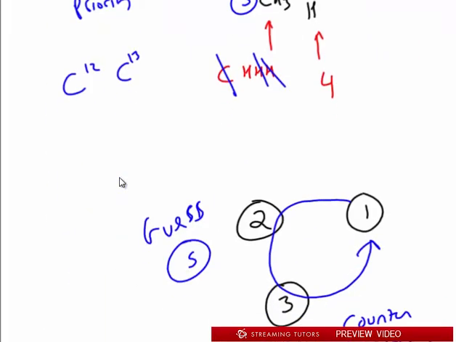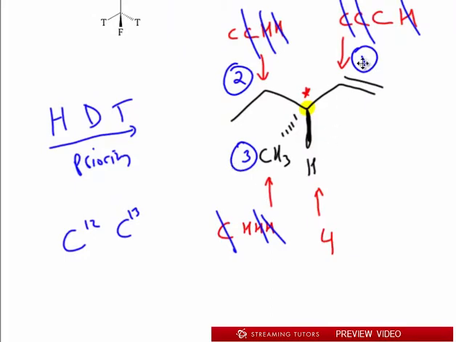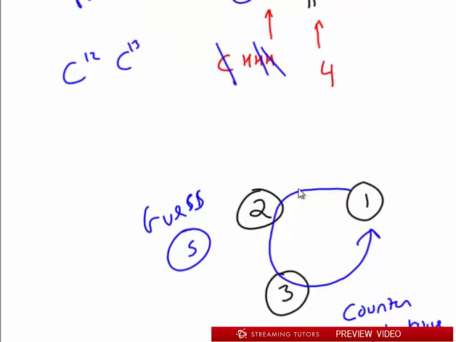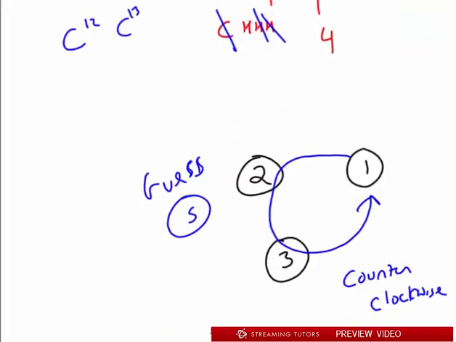So let's take a look. We're guessing from 1, 2 to 3 that we're going counterclockwise. Notice that when you're doing this, we don't care about number 4. We ignore number 4. Just figure out where 1, 2, and 3 are. That's all you care about. So we know it's counterclockwise, but notice that my lowest group is on the wedge. My lowest group is H. It's on the wedge.